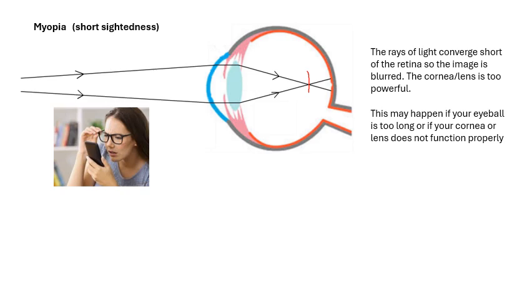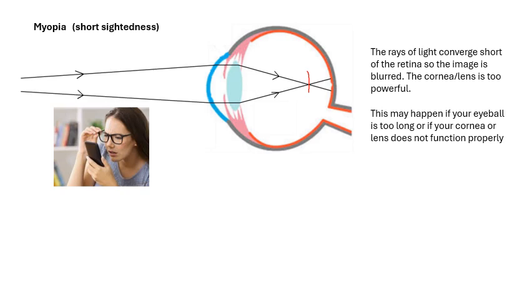The cornea and lens is too powerful. It's bending the light too much, refracting the light too much. This might happen if your eyeball is too long, or if your cornea or your lens isn't working properly.